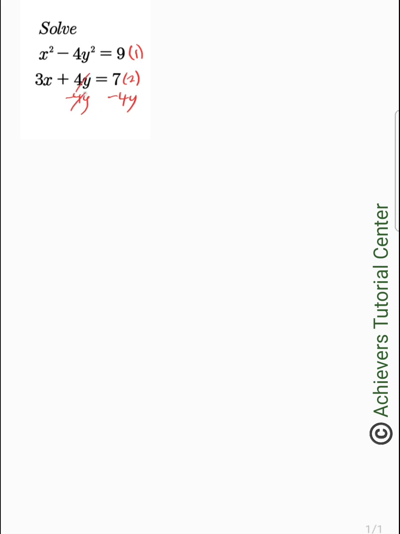This will cancel this, and we'll be left with 3x equals 7 minus 4y. So we divide by 3 on this side, and divide by 3 on this side. So we have our equation as x equals (7 minus 4y) divided by 3.